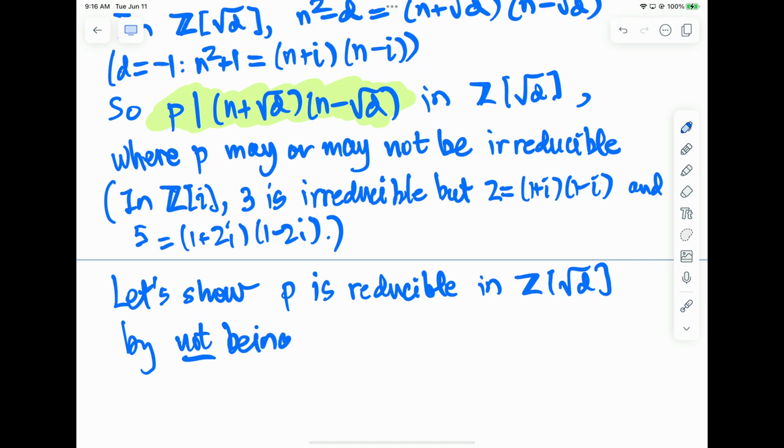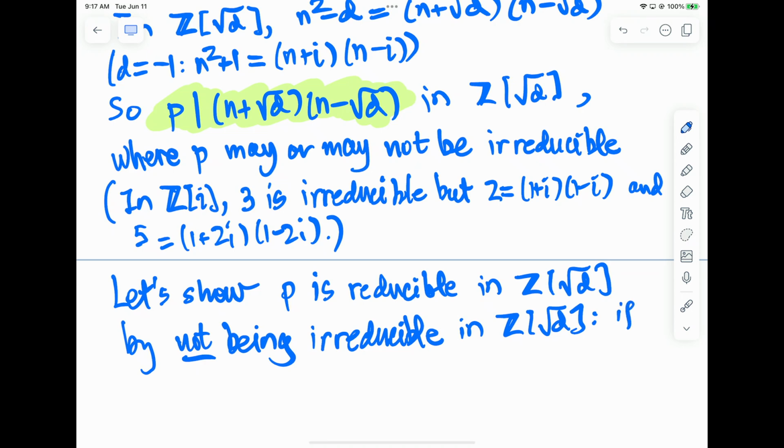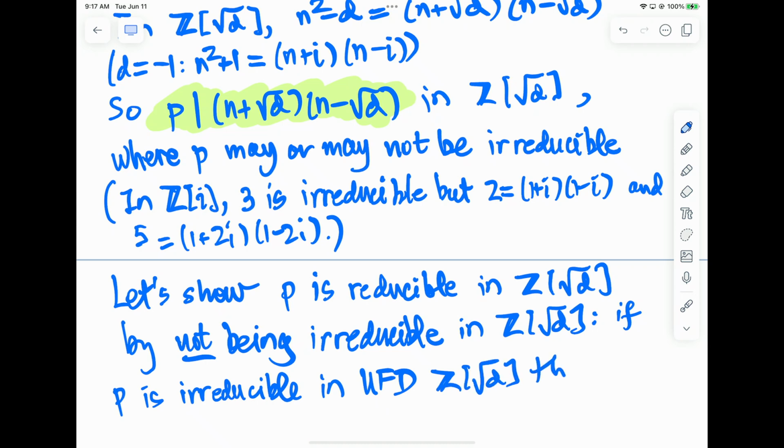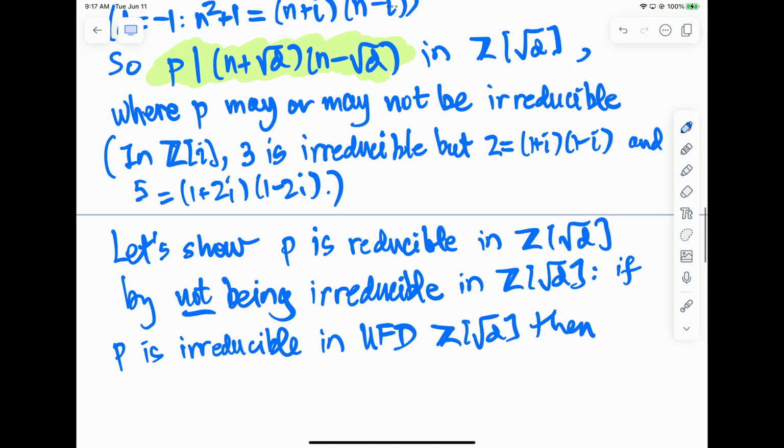We're going to use that divisibility condition to help us do this. So the point is, if you're in a unique factorization domain, if P is irreducible, and Z bracket root D has unique factorization, then divisibility into a product implies divisibility into one of the terms.